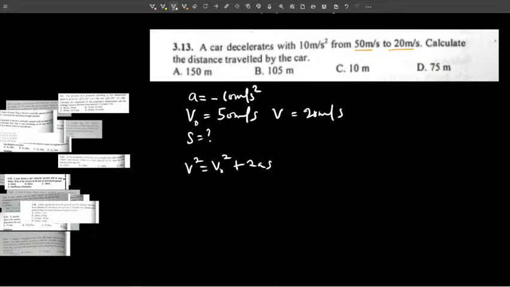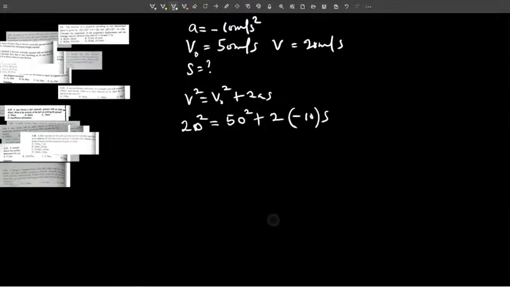v is 20, so 20 square is equals to 50 square plus 2 times minus 10 s. Isn't it? Since a is minus 10, this will give me 20 square is 400 equals to 2500 minus 20s. So collect like terms, bring this here and take this over here.